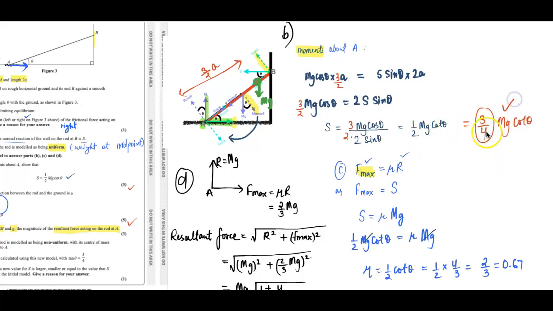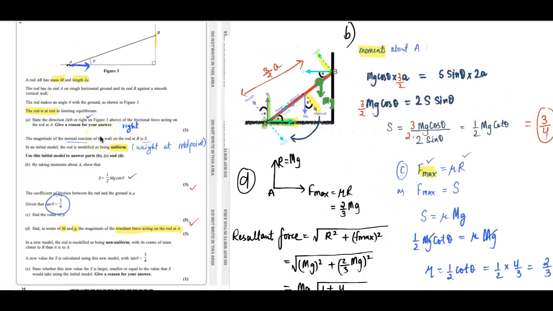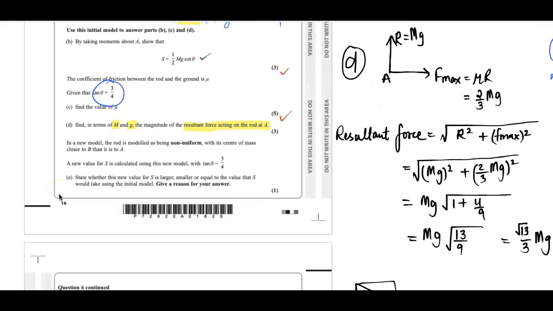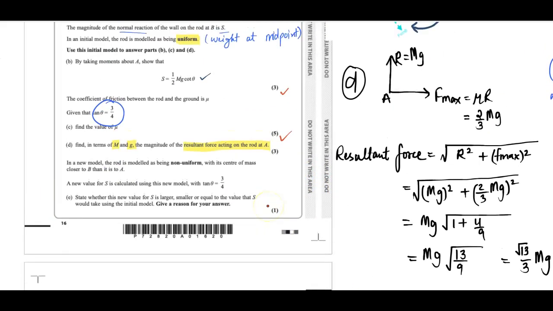So your value increased because your moment distance is increasing. But this is for understanding. You do not really have to show all those things there because it's just for 1 mark.